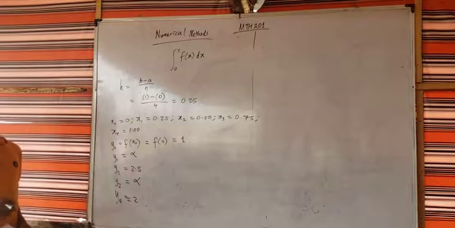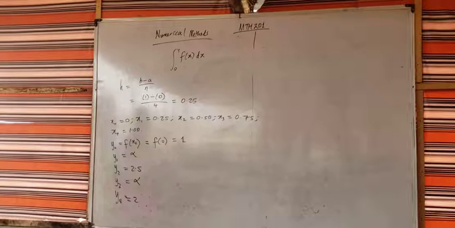So they said that when you use the trapezoidal rule with n equals 4, it gives the value 1.75 for the integral. Are we together?